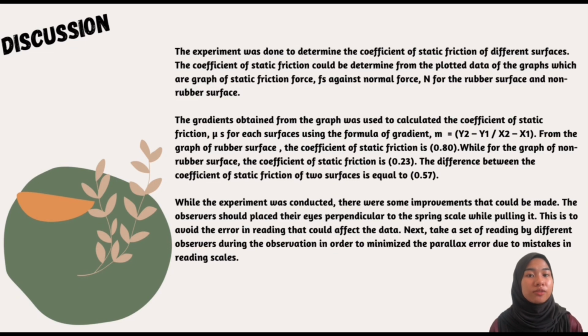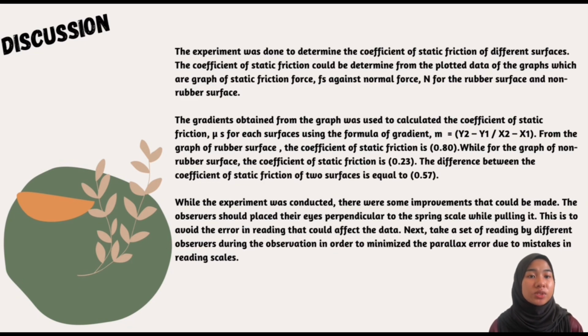From the graph of the rubber surface, the coefficient of static friction is equal to 0.80, while for the non-rubber surface, it is equal to 0.23. The difference between the coefficients of static friction of the two surfaces is equal to 0.57.